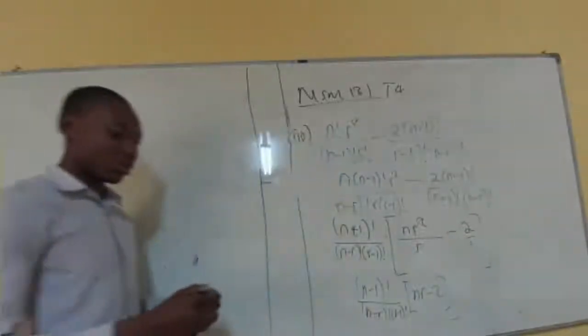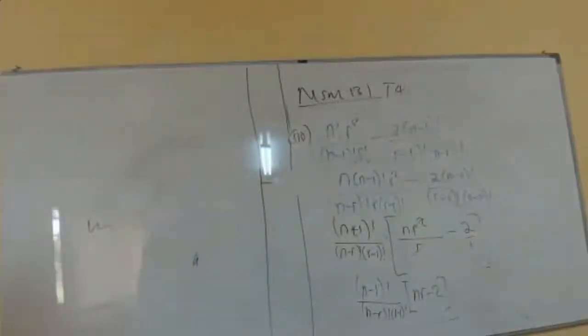So that's how you factorize that particular one. Just that, nr minus 2.